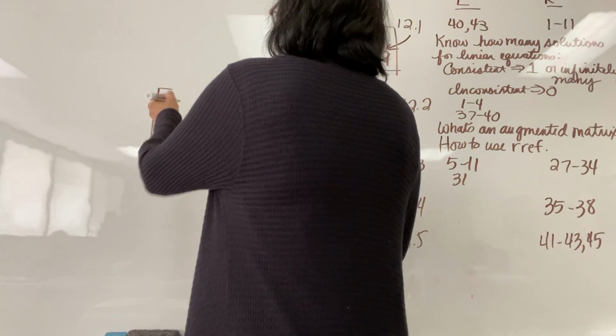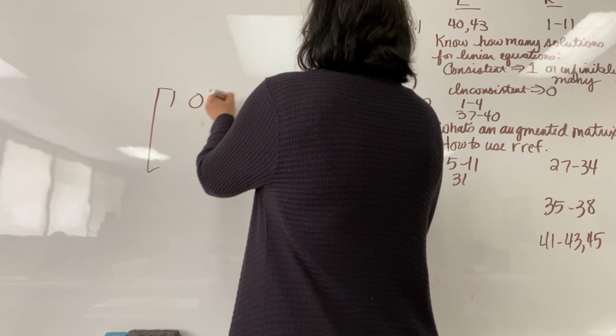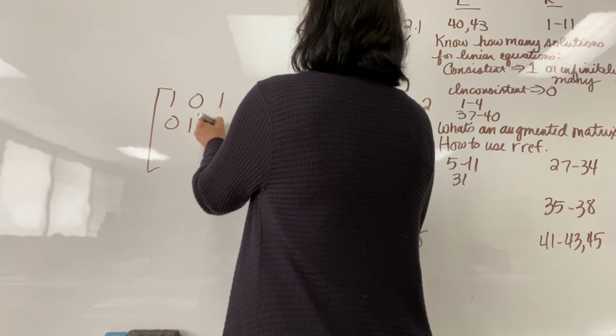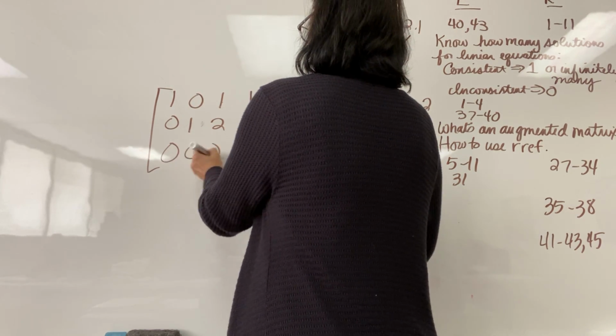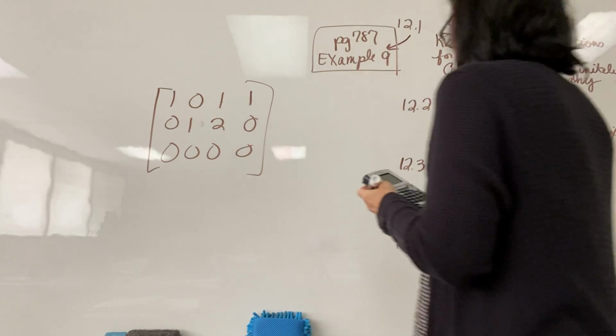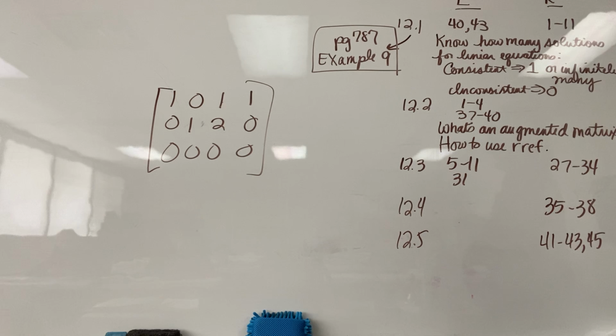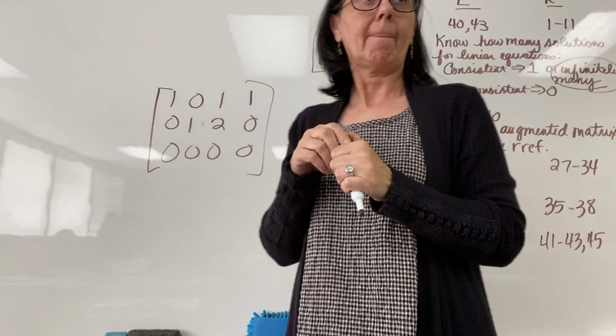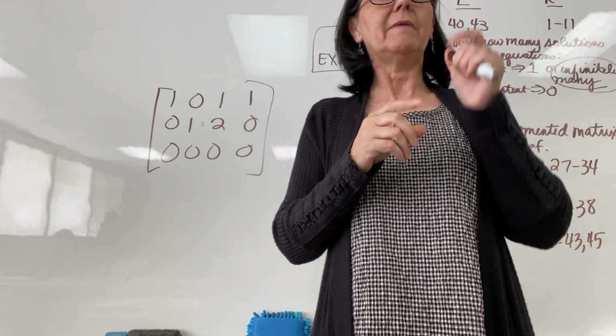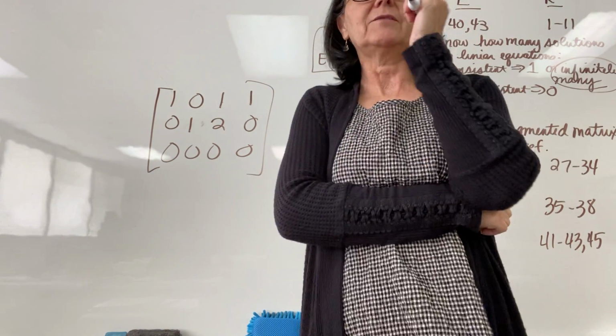Do you have 1, 0, 1, 1, 0, 1, 2, 0, 0, 0, 0, 0? What does that mean? Infinitely many. All zeros means infinitely many. So what would you put for the answer? Infinitely many. That's what I would put.